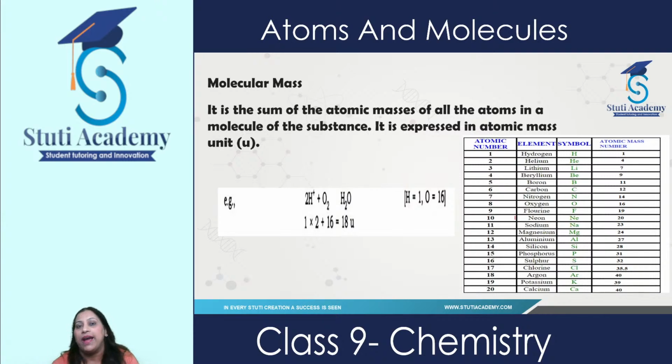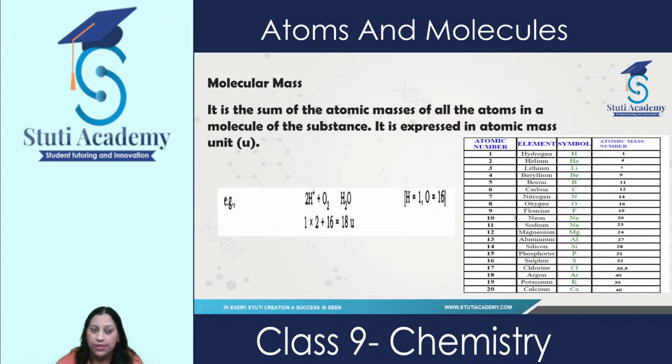And how can we write molecular mass? Look here. For this you need to learn this table. You should know the atomic number and the atomic mass number. So you have to learn this table.